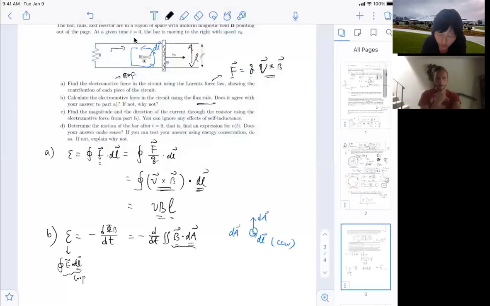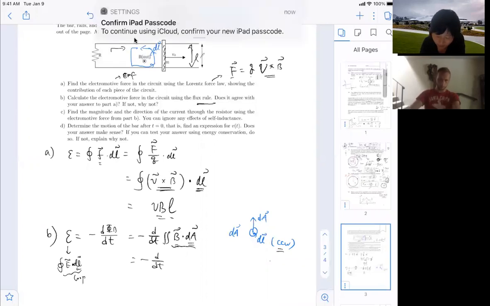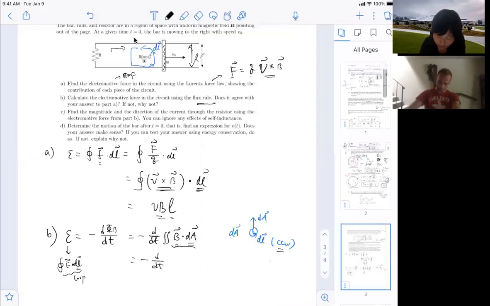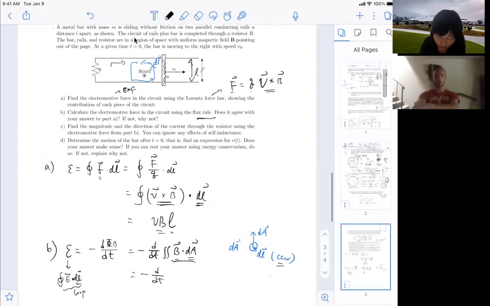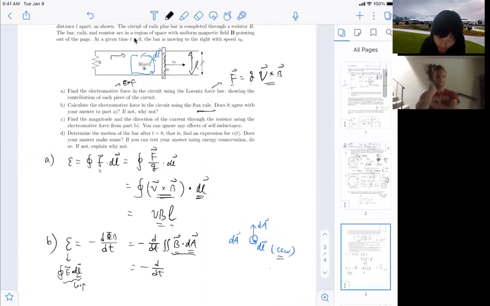If your EMF is also driving a current counterclockwise, you will get a positive value. If it drives a current the other way around, you'll get a negative value. So d dt, my B is constant.